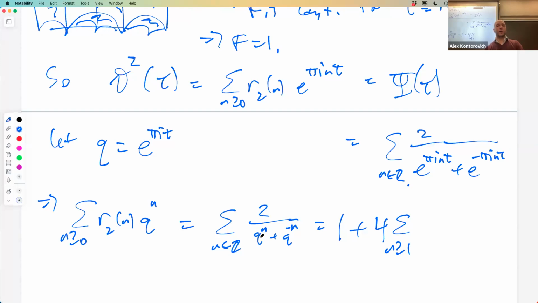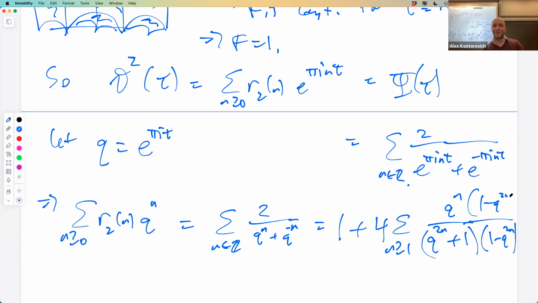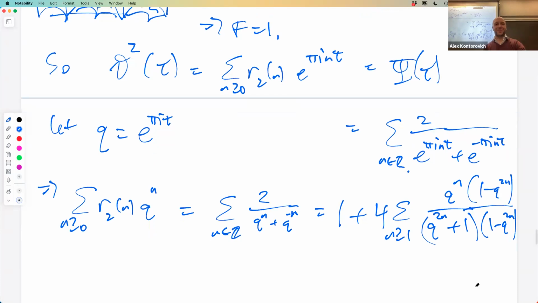And now I have 1 over q to the n plus q to the minus n. I'll multiply top and bottom by q to the n, so I get here q to the 2n plus 1. And now I'll multiply top and bottom of this by 1 minus q to the 2n. And you'll see in a second why I'm doing all these manipulations.